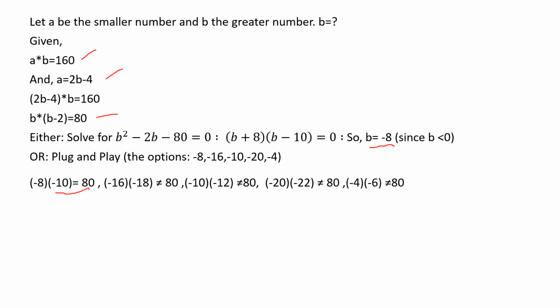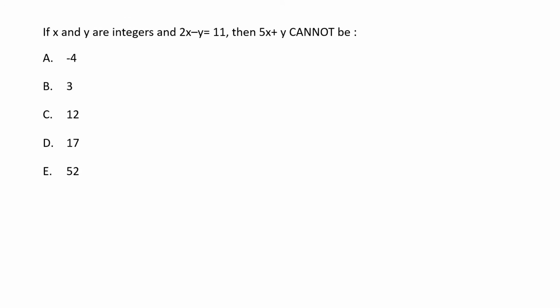We need a 0 digit at the end of it, right? If B is minus 10, into minus 12 is 120, that's not 80, and similarly none of these values satisfy, so we land at the answer, that's B is equal to minus 8. That's option A. So that's one quick way of solving the questions. Let's move on to the next question.